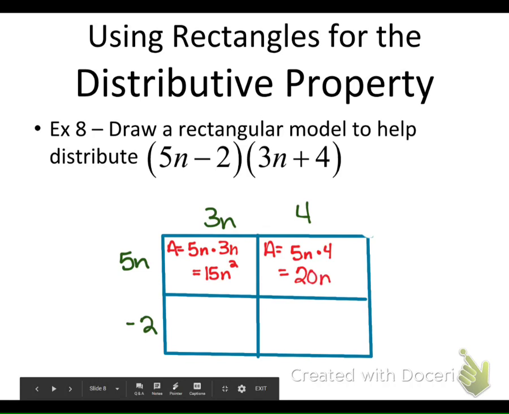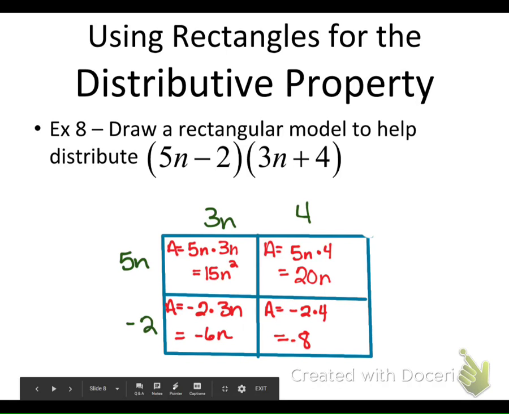Danielle, bottom left. Which equals negative 6n. Yeah. All right. Jaden, bottom right. Negative 2 times 4 equals negative 8. Good.